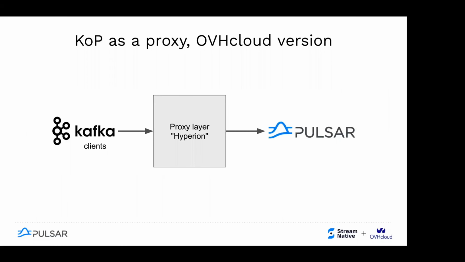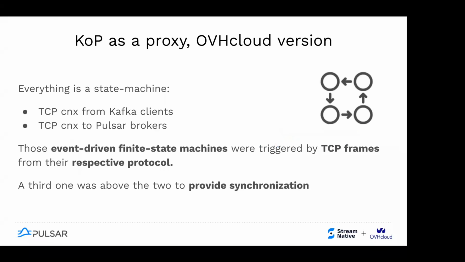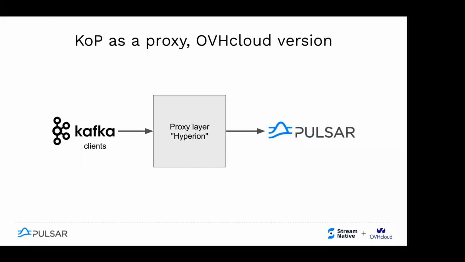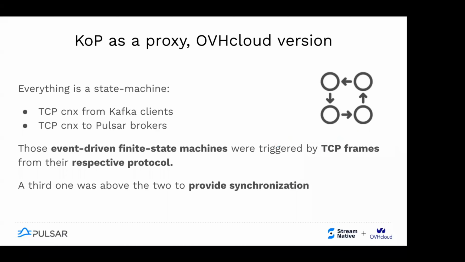So we have something like this. We have our Kafka clients on the left, we have our Apache Pulsar cluster on the right, and we need this TCP proxy in the middle that will just magically translate things. We developed this thing as a state machine.